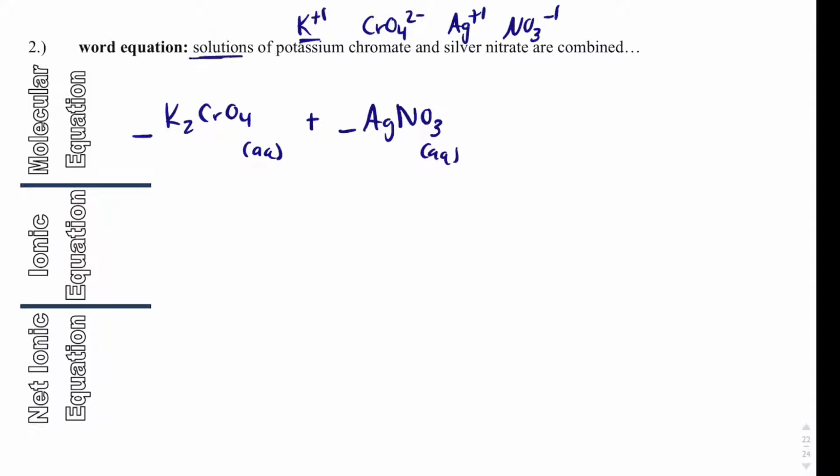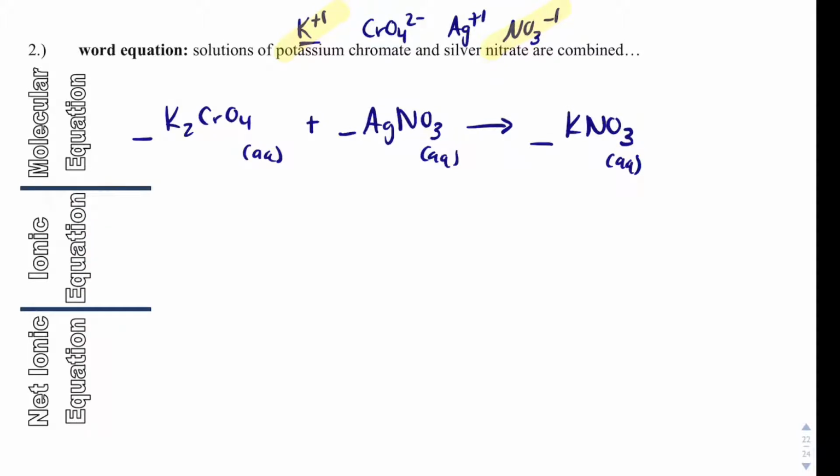One, the problem tells us that we have solutions, and that means aqueous. But also, nitrates are always aqueous, so I know that. And then potassium is going to go hang out with nitrate, and that's going to be super soluble, meaning that potassium is always soluble, nitrate's always soluble, so we'll have no problem getting that to dissolve in water.